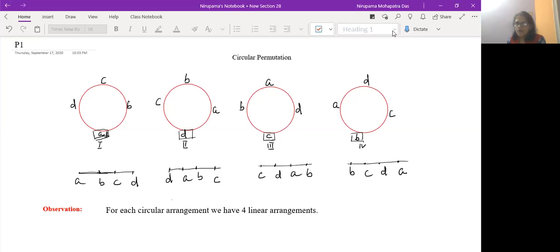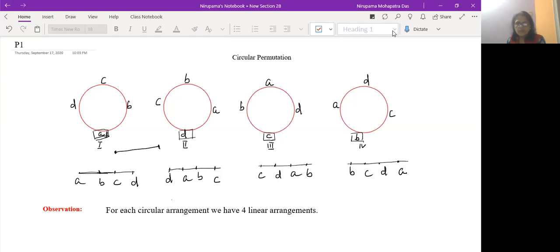That means all four circular arrangements are basically only one arrangement. But whenever we take a line, we actually get four arrangements. The reason is that in a line, this point is the starting point and this is the ending point.